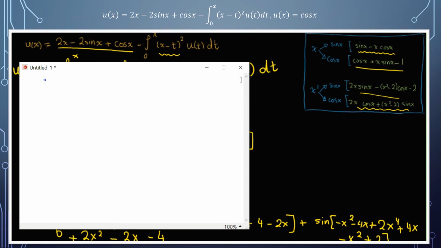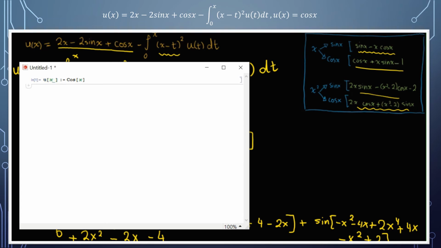Write u, square bracket x, underscore, and equal to cosine x, which should begin with a capital letter, and it's a function, so we have to use the square brackets. Enter.